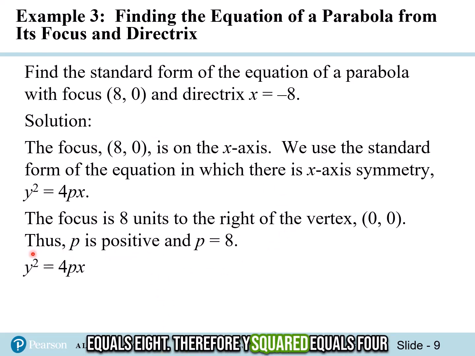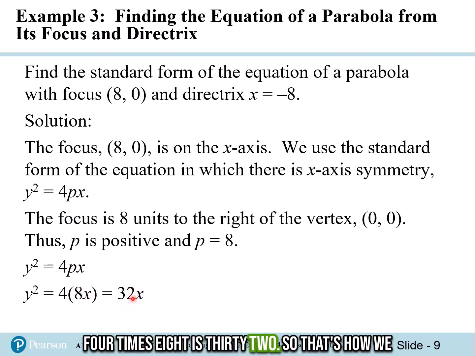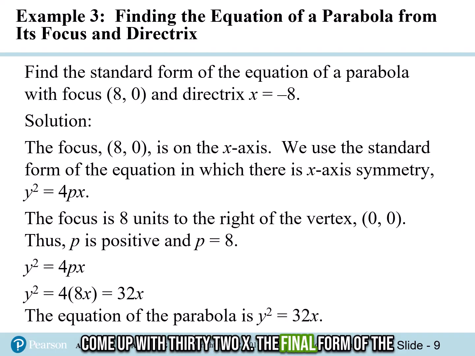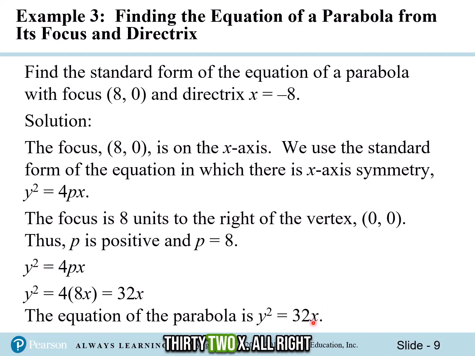Therefore, y squared equals 4px. So y squared equals 4 times 8x, and 4 times 8 is 32. So that's how we come up with 32x. The final form of the equation of the parabola is y squared equals 32x.